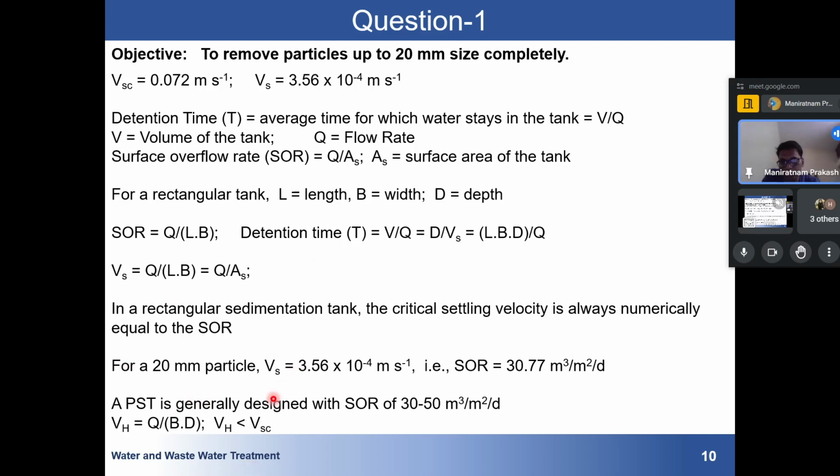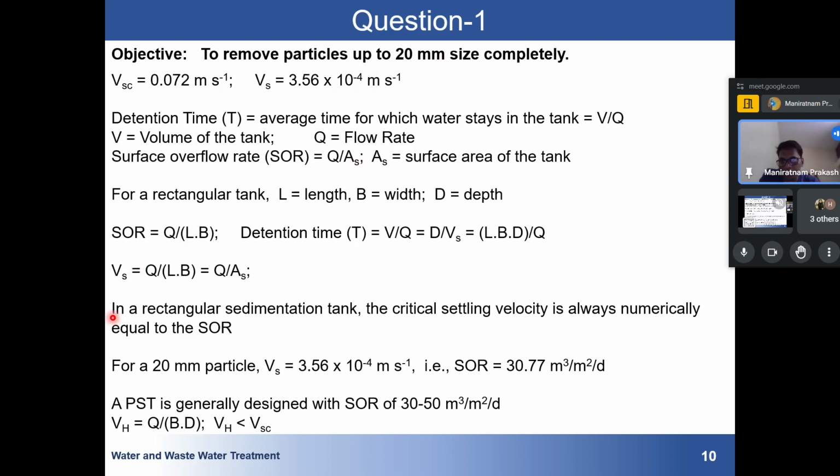For that, you should make sure that your horizontal velocity is less than the scouring velocity, that is, less than or equal to this velocity. In this way, I make sure that all suspended particles settle down and do not go further into the next unit, otherwise our aim, which was to settle down the 20 mm size, is not fulfilled.